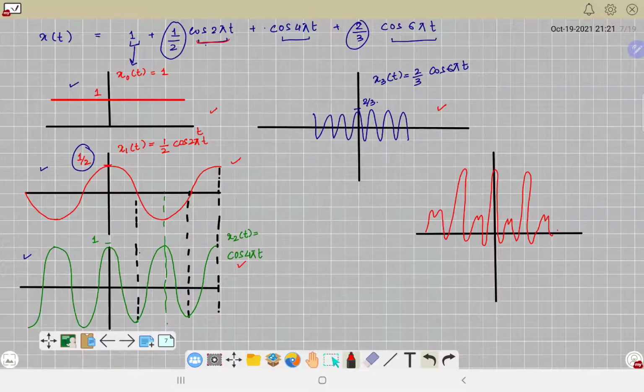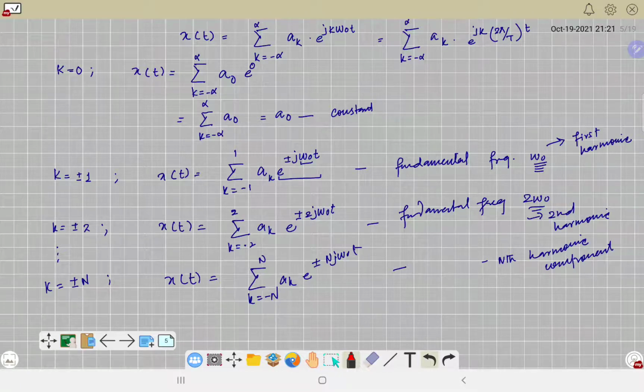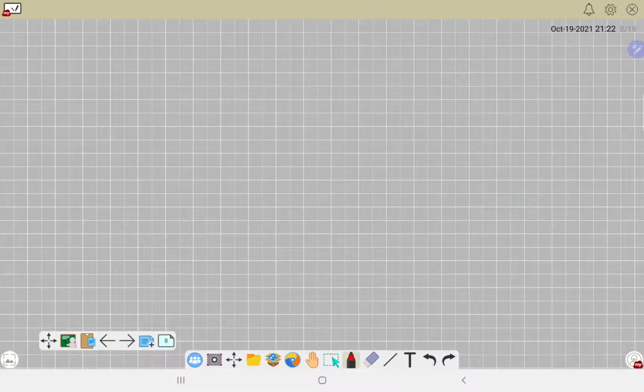So this is a typical Fourier series representation. We'll stop here and we'll continue with this general analysis in the next videos, where we'll be interested in how to get these coefficients a of k. Next video will be further doing the deliberations, and we'll be trying to see how to get these coefficients.